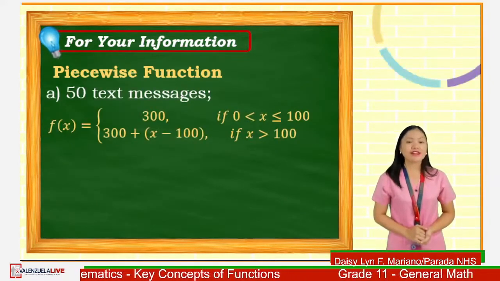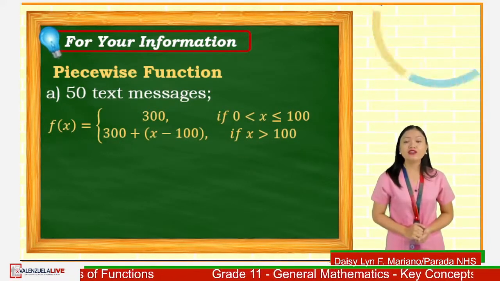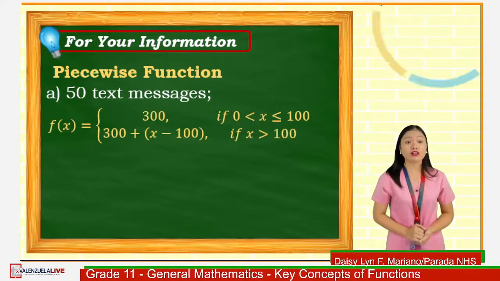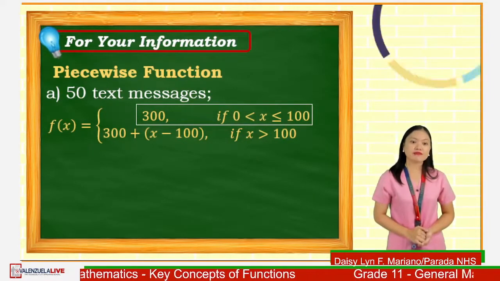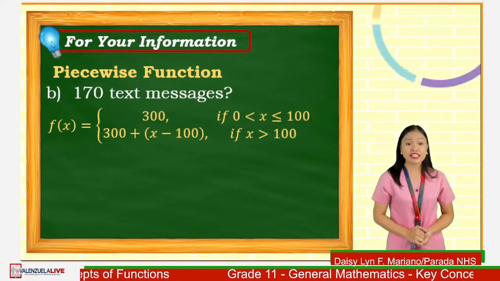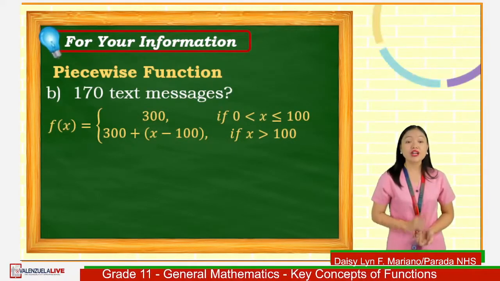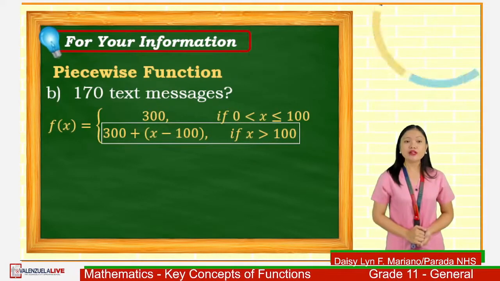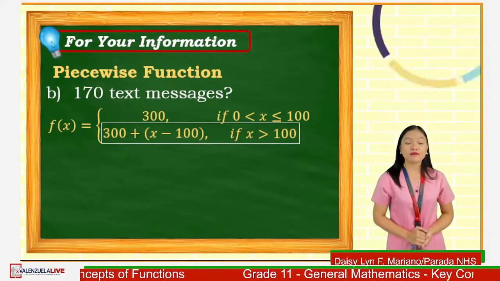For letter A, the value of x is 50 and is found in the interval x is greater than 0 but less than or equal to 100. So, you will pay 300 pesos. For letter B, the value of x is 170 and is found in x is greater than 100. Computing for the amount to be paid, we have f of x is equal to 300 plus the quantity x minus 100.